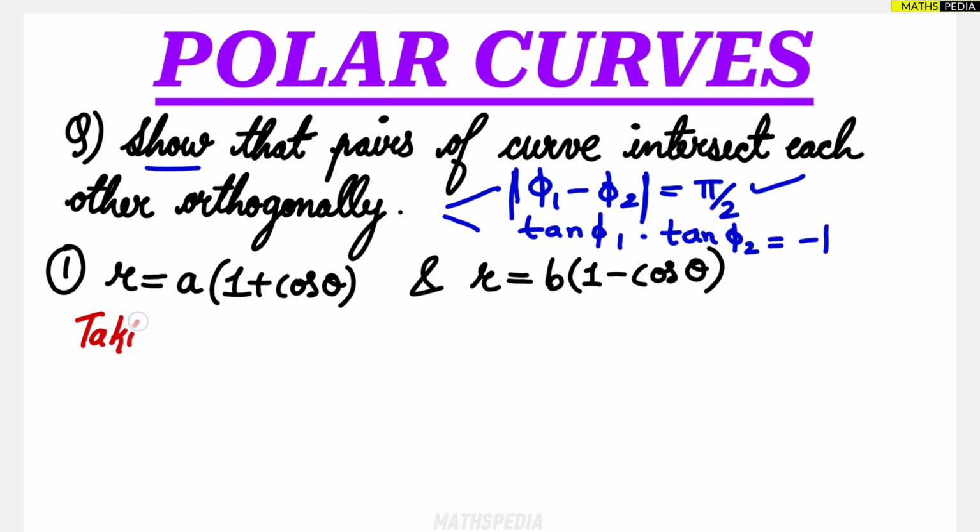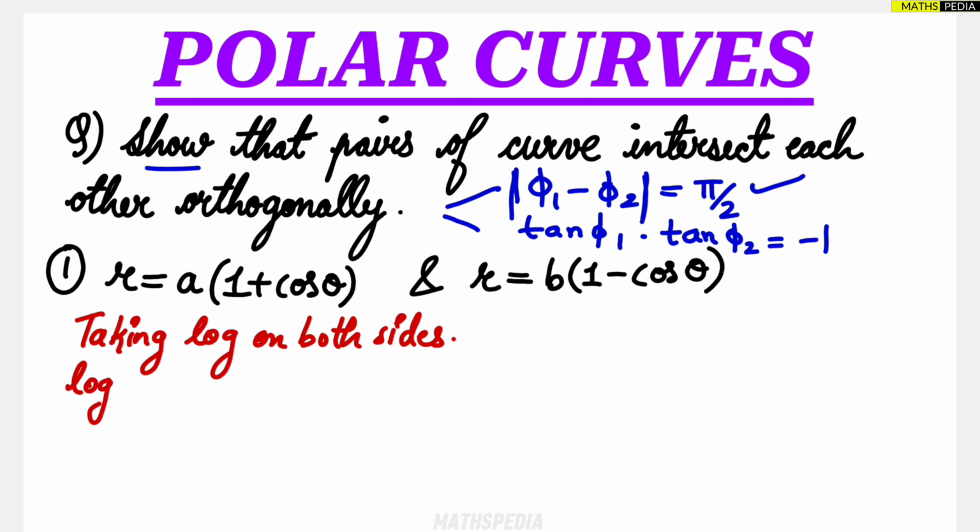So taking log on both sides, both curves simultaneously: log r is equal to log of a into 1 plus cos theta.